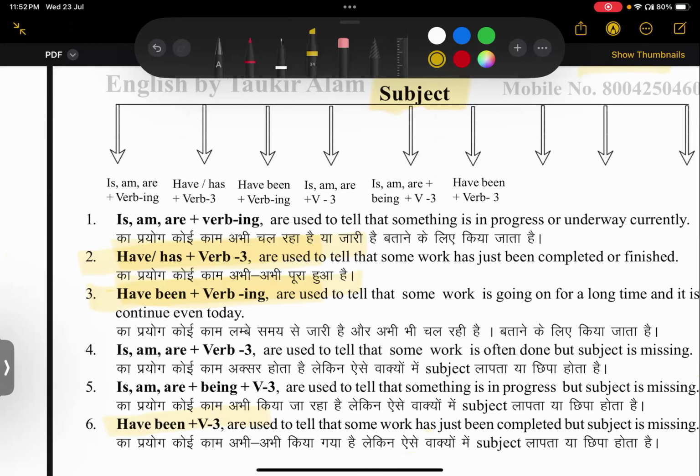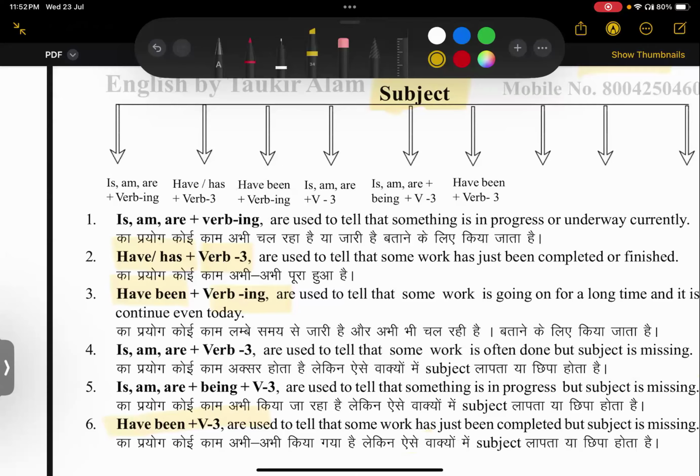Because I have just taught them have has plus third form and have been plus ing form. Many students think that after have been we use only ing form. No, this is not true. You can use third form too, but what would be the situation?